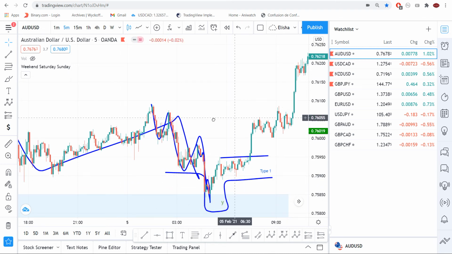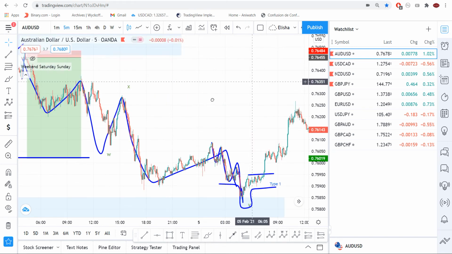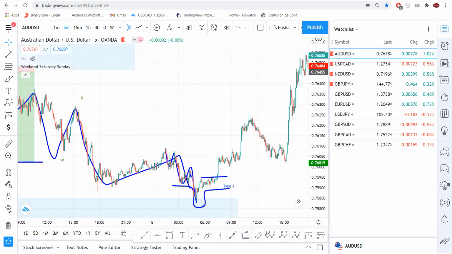Okay, so since we counted a corrective wave, our target is going to be very aggressive because we expect either a wave C or a wave 3, right?